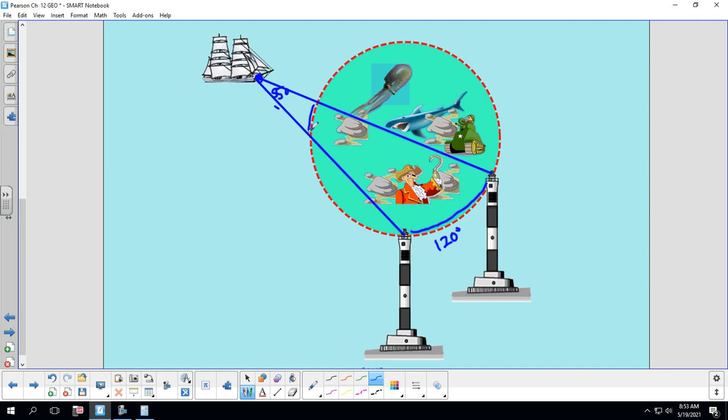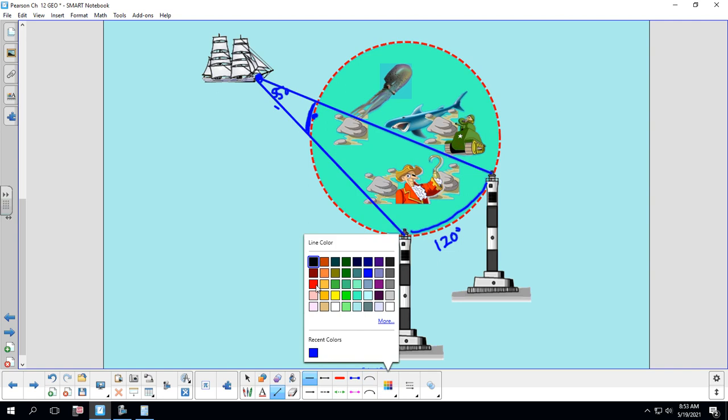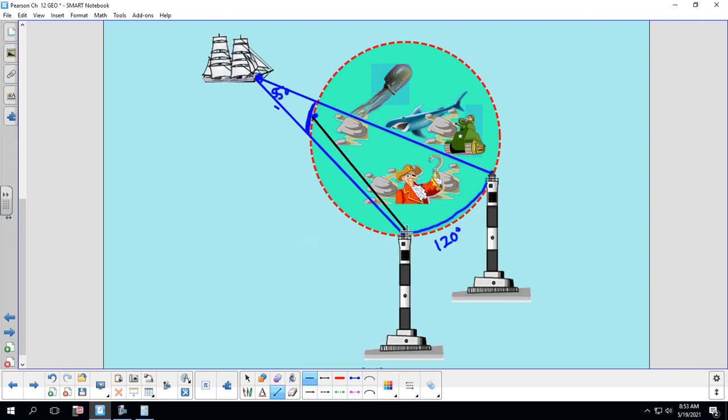So we want to see if this guy, so think about this, if he ends up in the circle, now we have an inscribed angle. If we end up inside the circle, if we have an inscribed angle, the angle measure is going to be half of 120.